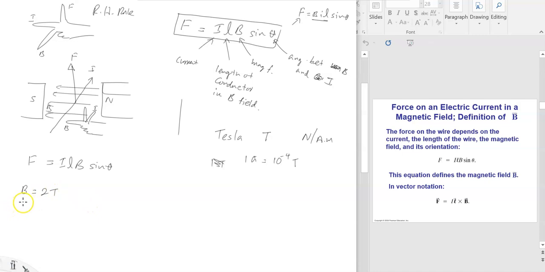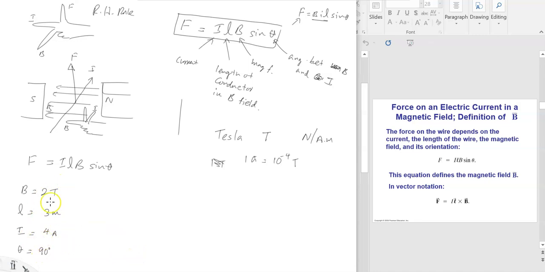In that magnetic field, we place a conductor carrying current. Length of the conductor is, let's say, 3 meters. It's carrying a current of, let's say, 4 amperes. And this conductor is 90 degrees to the magnetic field. So theta is 90 degrees.